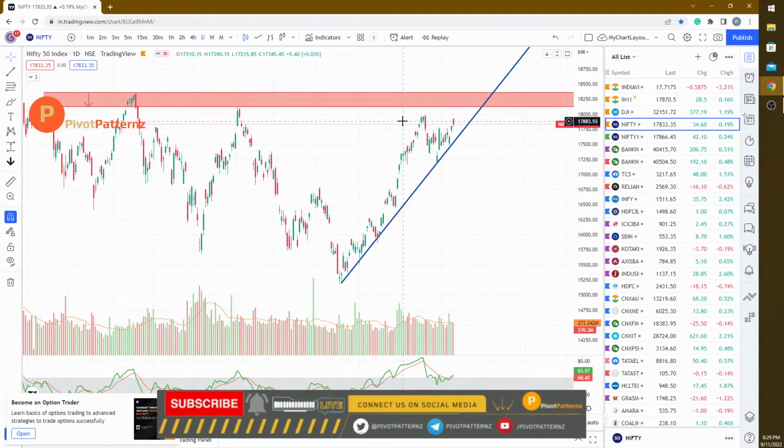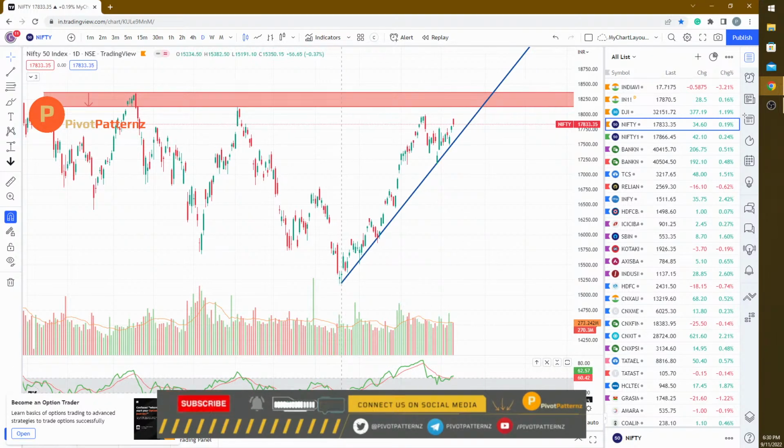Longs definitely have to be careful right now, because RSI is showing some signs of tiredness. Though it is above 60, if you compare high to high on the price, whereas high to high on RSI, I don't see RSI convincingly on the higher side.